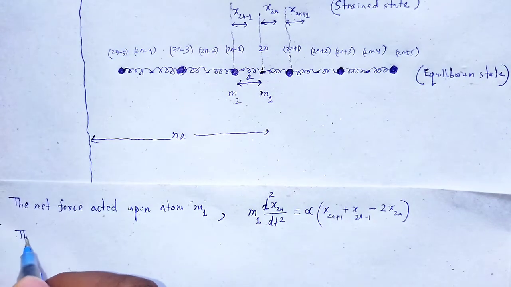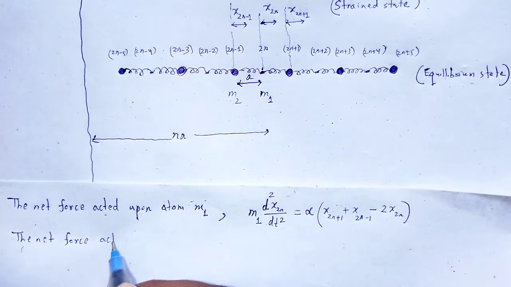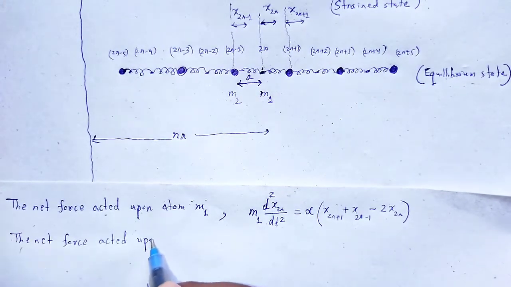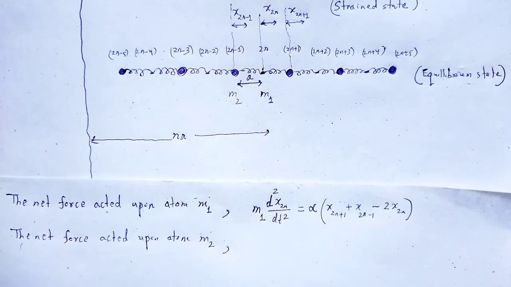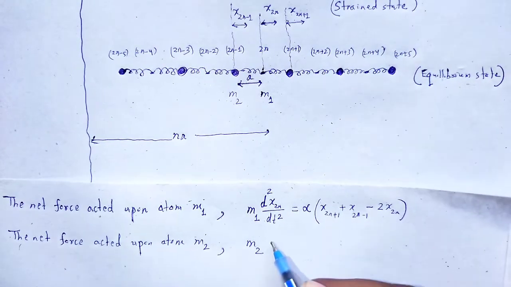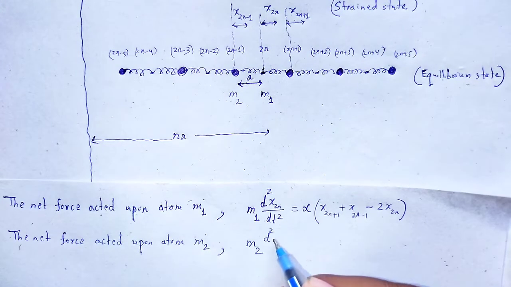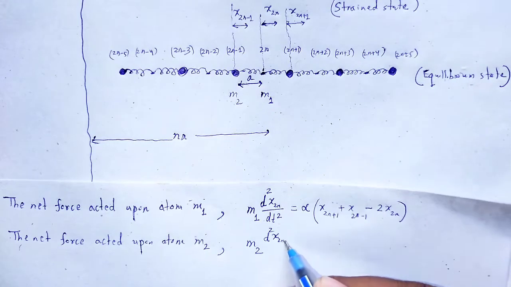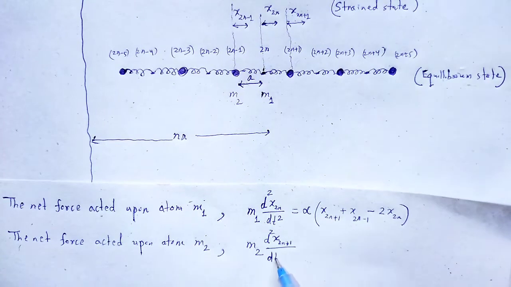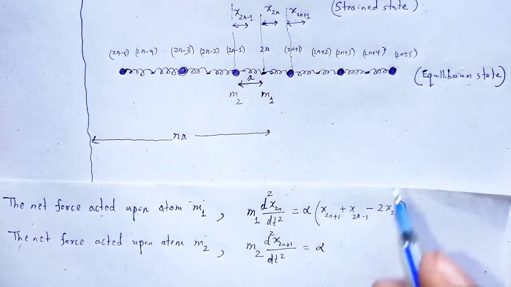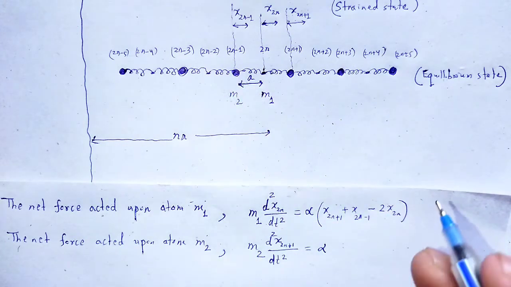the net force acted upon atom M2 in similar fashion: mass into acceleration, second order rate of change d²x₂ₙ₊₁/dt², is equal to alpha times the total displacement, meaning the force applied on particle M2.